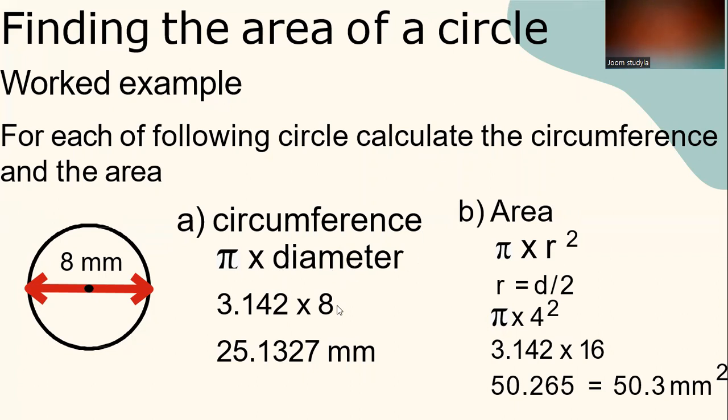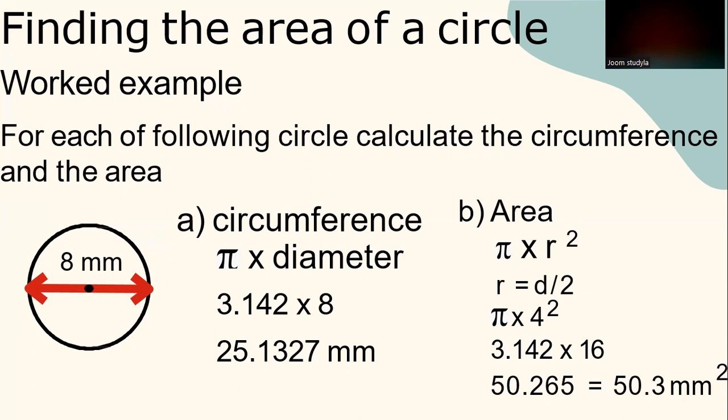This is the formula that you have to remember. Given pi is 3.142 and the diameter given here in a circle is 8 millimeter. So 3.142 times 8 is equivalent to 25.1327 circumference.